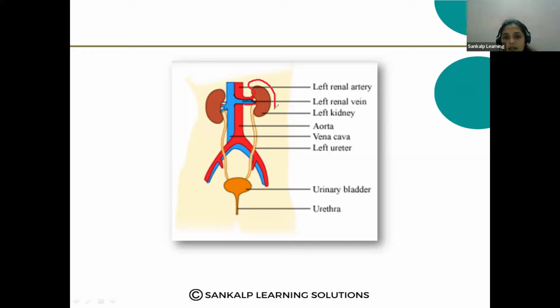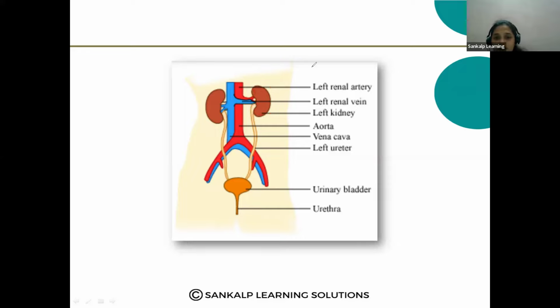In the kidney, again, purification takes place. This is how the aorta and vena cava are connected to the kidney. They branch and form the renal vein and renal artery, connected to both kidneys.